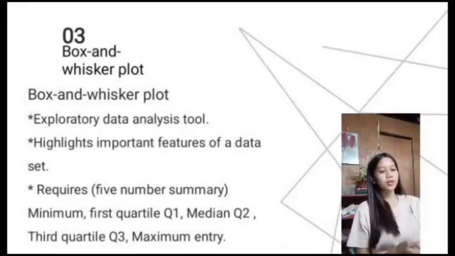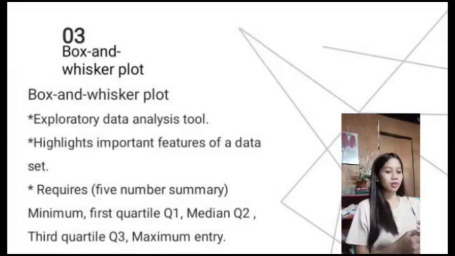The minimum value is the beginning and the maximum will be the end. Then we have Q1, Q2, Q3. Remember, before finding Q1, Q2, Q3 we have to sort the data so that it is in order. So Q1 will always be less than Q2, which is less than Q3. Then the maximum value.